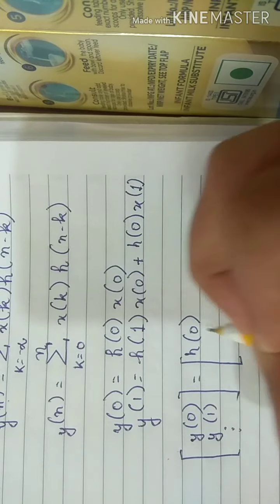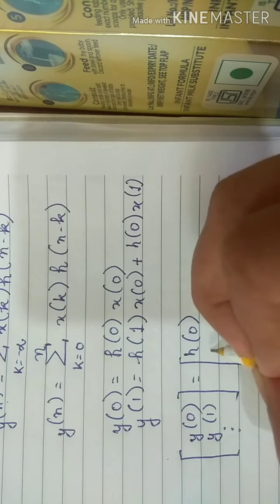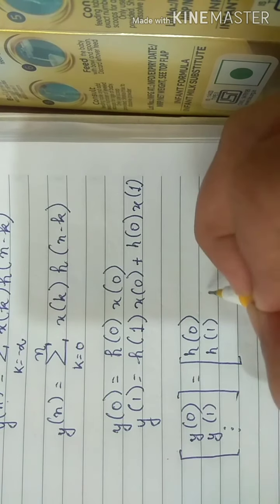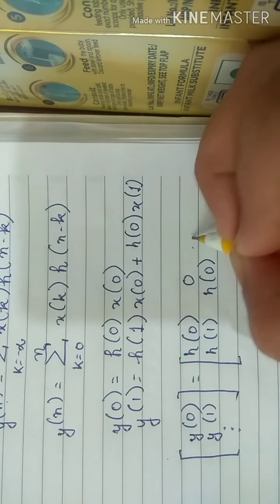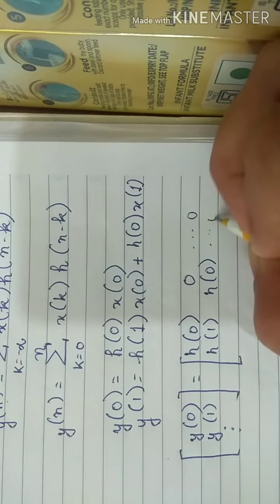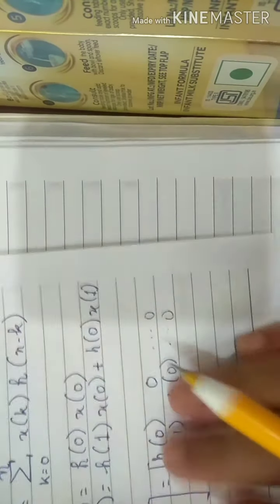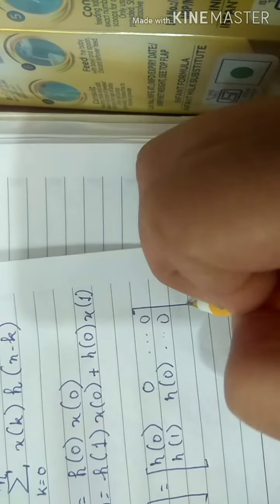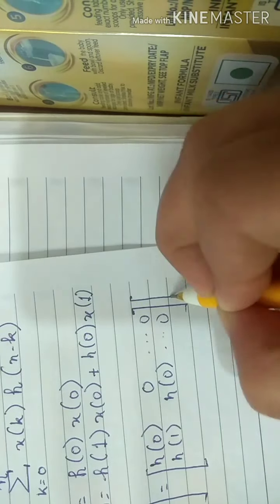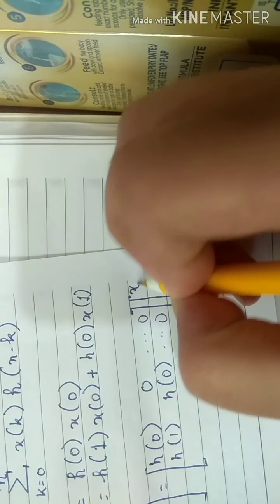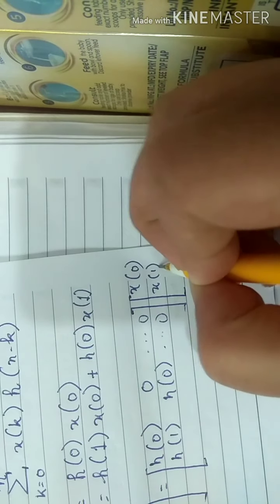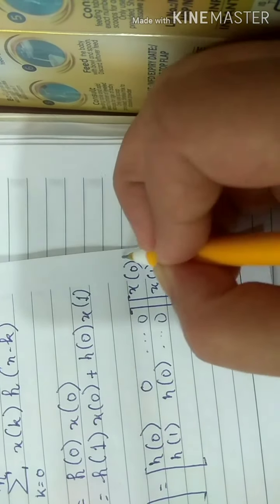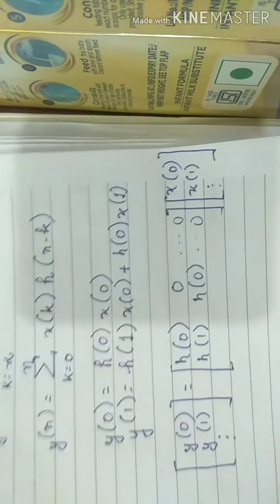First is h[0], then we are having h[1], h[0]. These elements will be 0, multiplied with another matrix where we are having x[0], x[1] and so on.